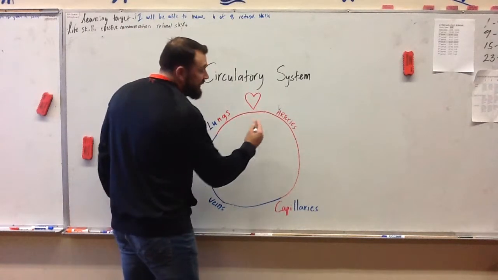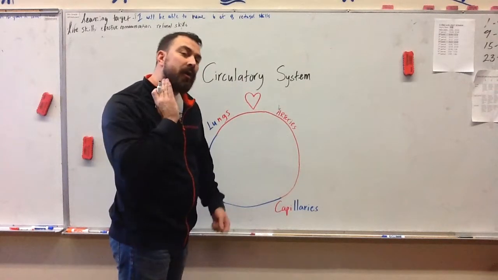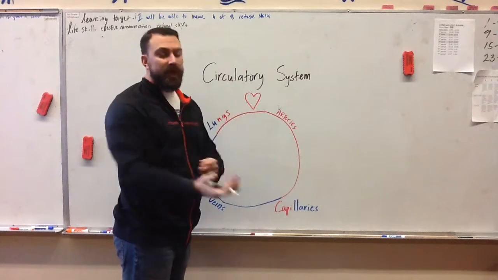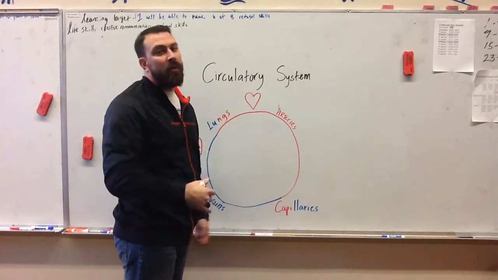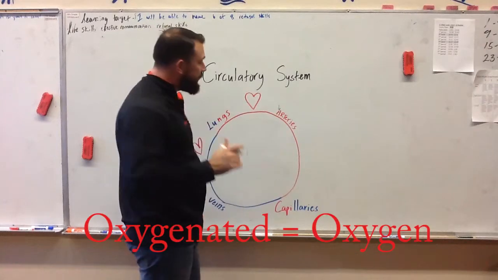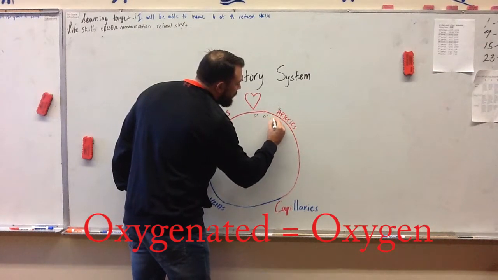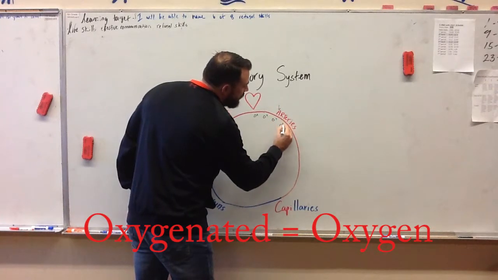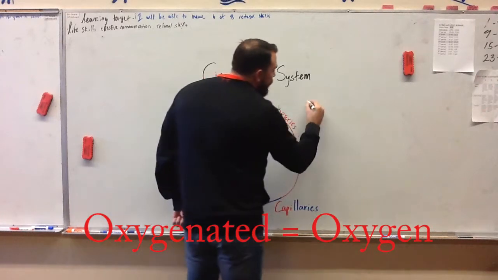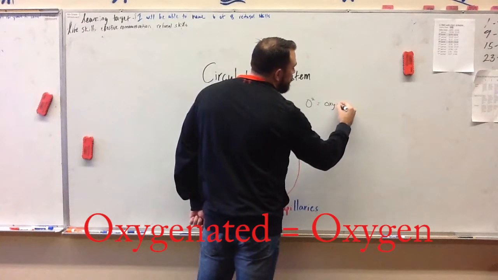Now, that's basically, when we've talked about before, your carotid artery that delivers blood to your brain, your radial, your femoral. Alright, all of those are just delivering, the key word is here, oxygenated blood. Okay? So, you need to draw a little O2. O2 is equal to oxygen.